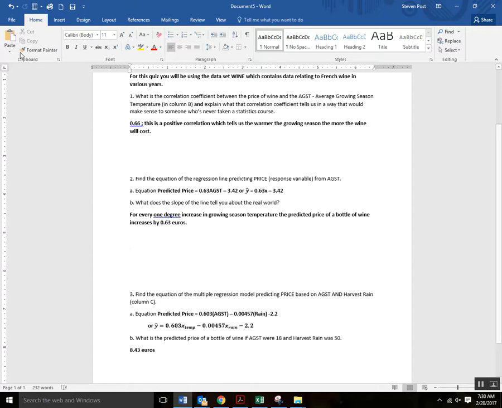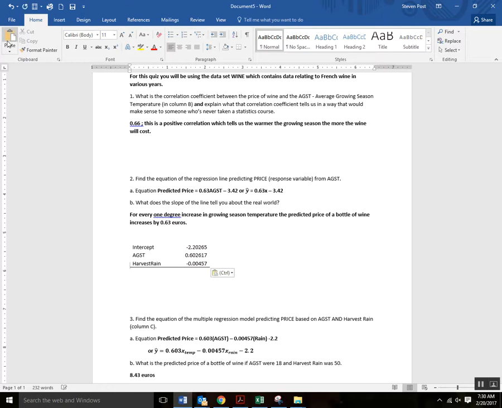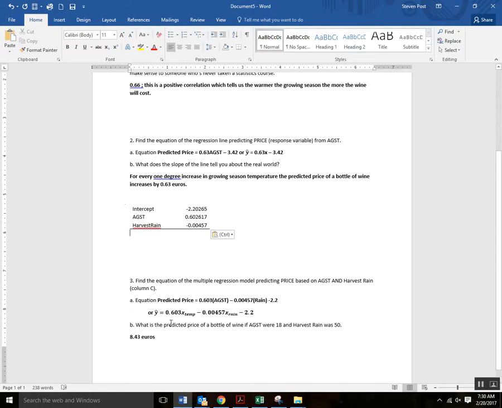Paste it right here. And here we see how we turn this into an equation. The predicted price, the thing we want to predict, is 0.603, if we round to 3 significant digits, times the AGST, minus 0.00457 times the harvest rain, and then minus 2.2.